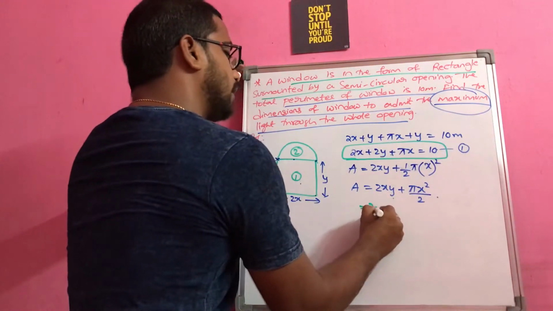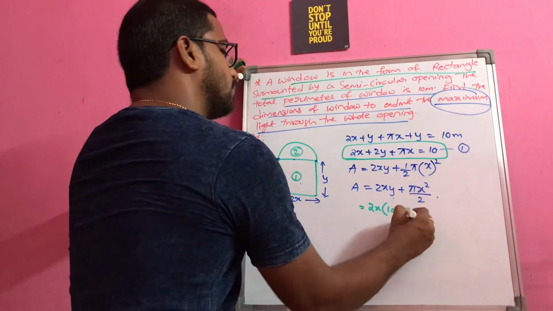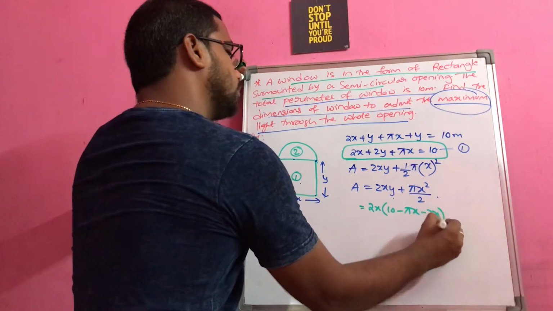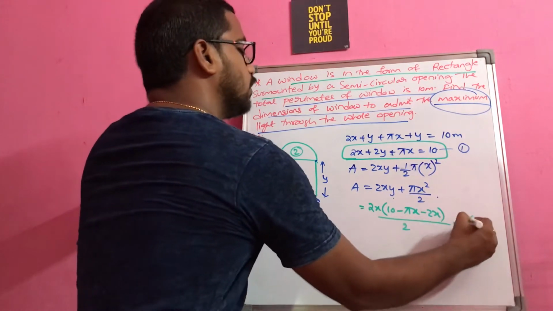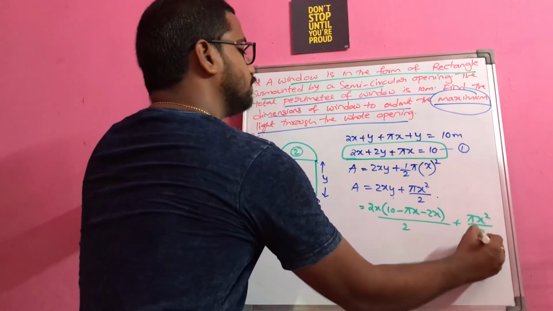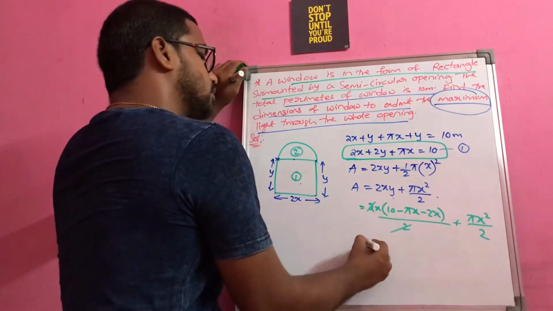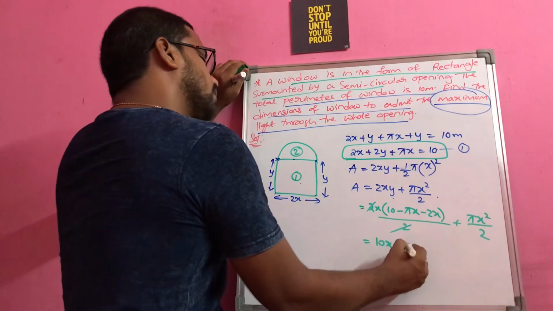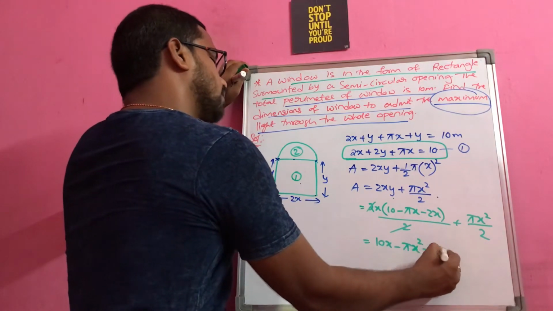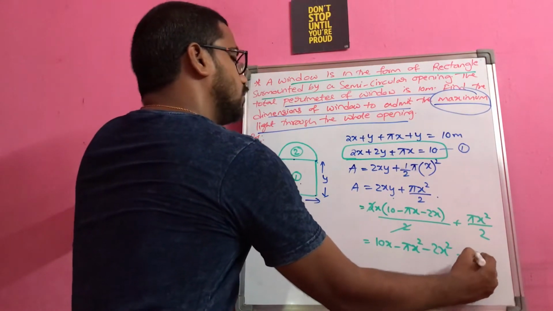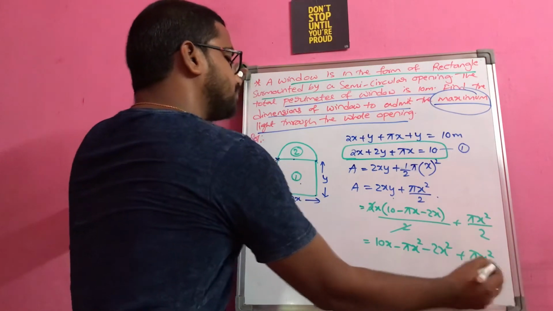From this, y is equal to 10 minus pi x minus 2x, whole divided by 2, plus pi x square by 2. 2 and 2 will get cancelled, so you will be getting 10x minus pi x square minus 2x square plus pi x square by 2.